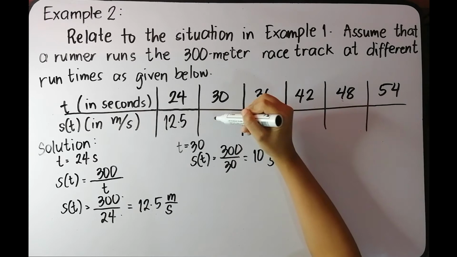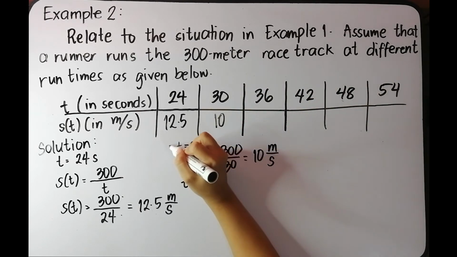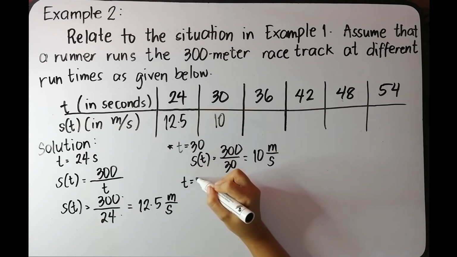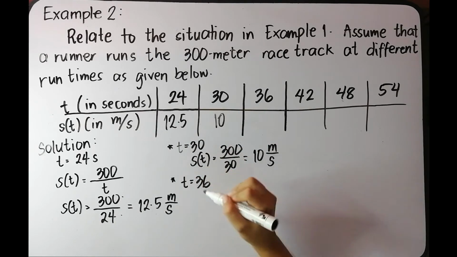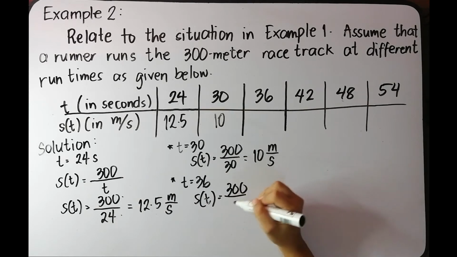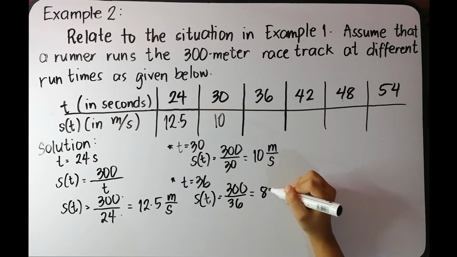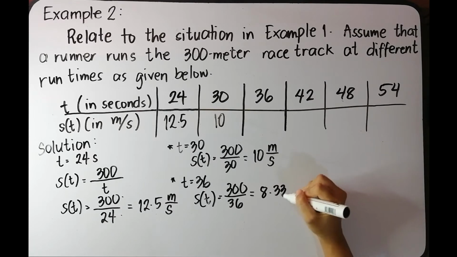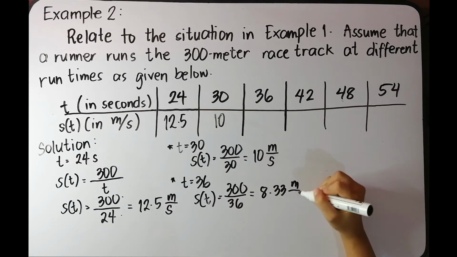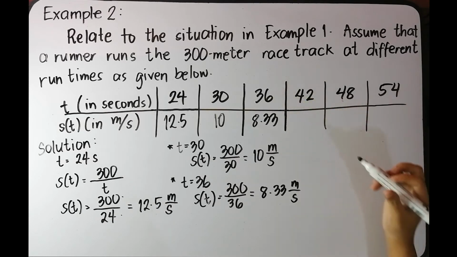So we have here 10. For T equals 36, we have S of T equals 300 divided by 36, which is 8.33 meters per second. So we have here 8.33.